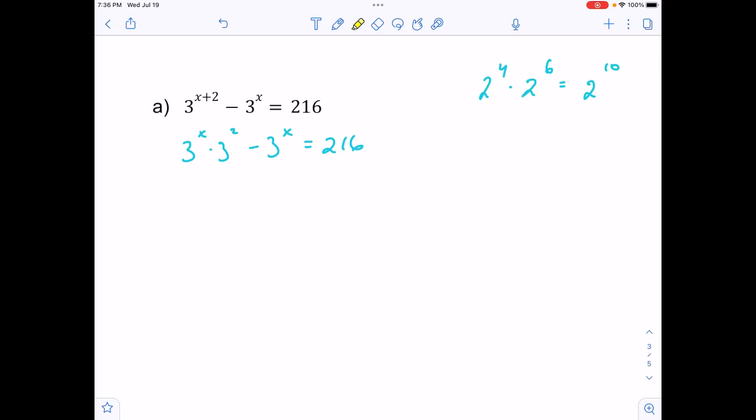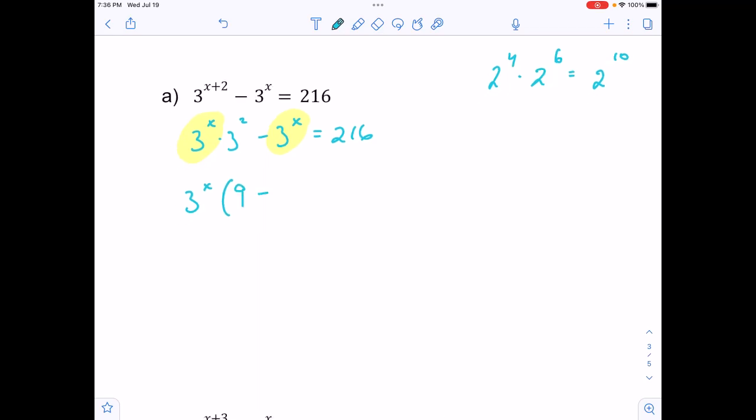Both of the terms now have a 3 to the power of x. I'm going to factor that out. 3 to the power of x leaves me with 3 squared, which is just 9. I'm going to write 9 minus 1. What's 9 minus 1?